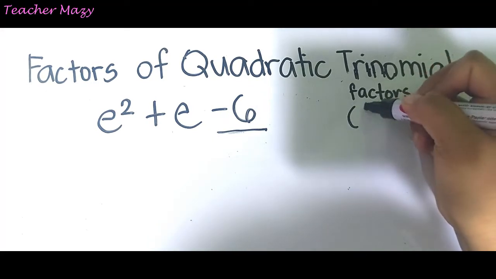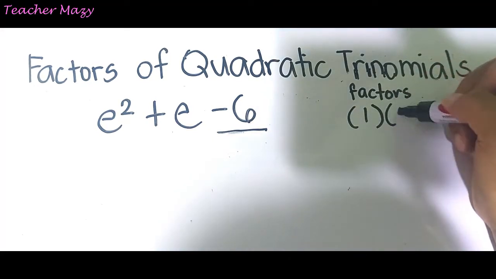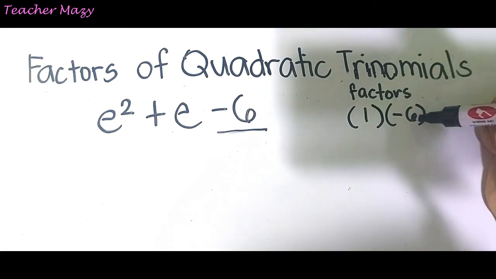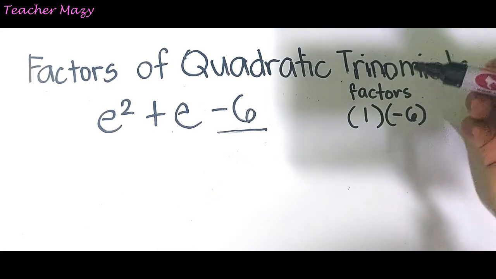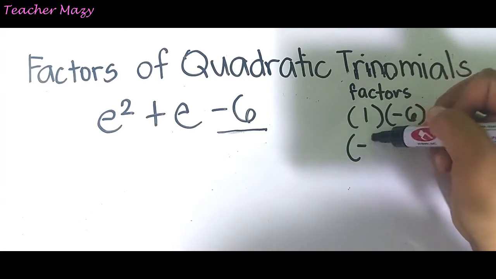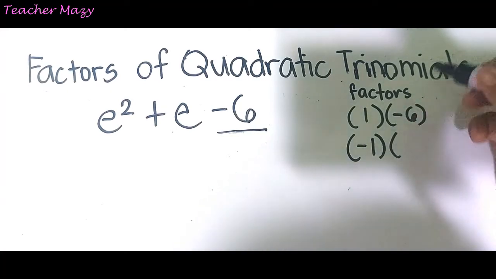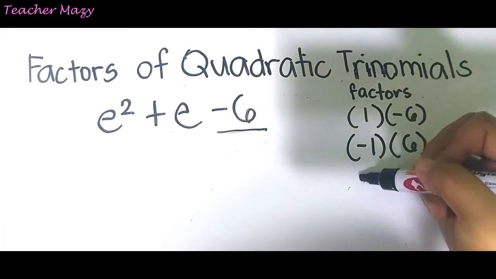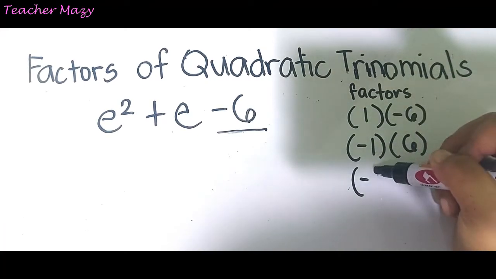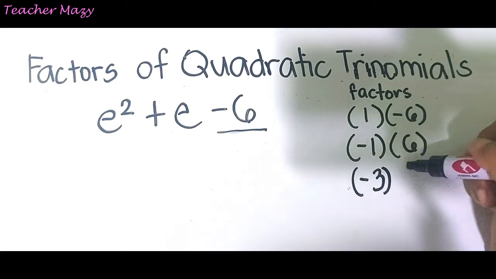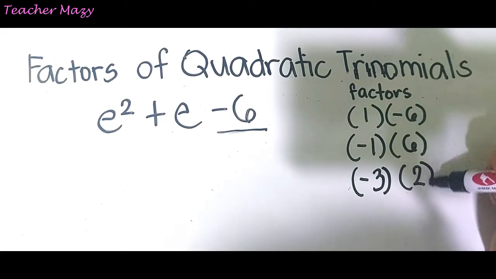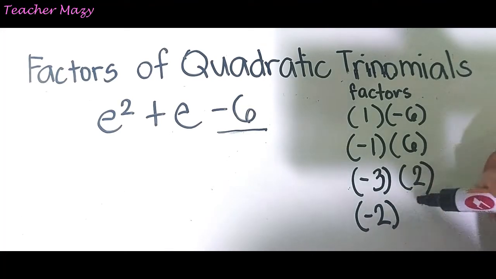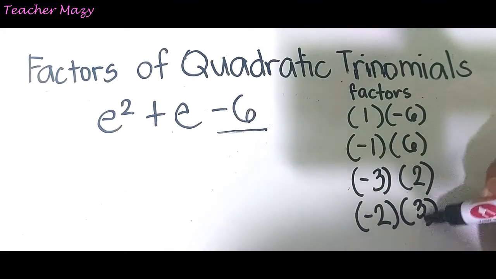We can use 1 times negative 6, that is equal to negative 6, or vice versa, negative 1 times positive 6, or negative 3 times positive 2, or negative 2 times positive 3.